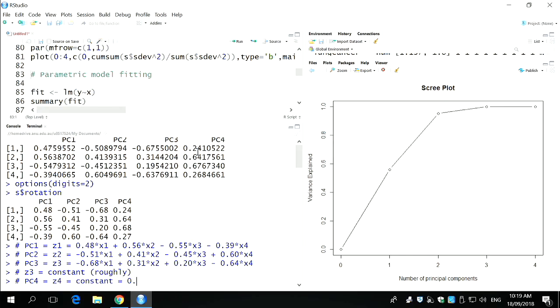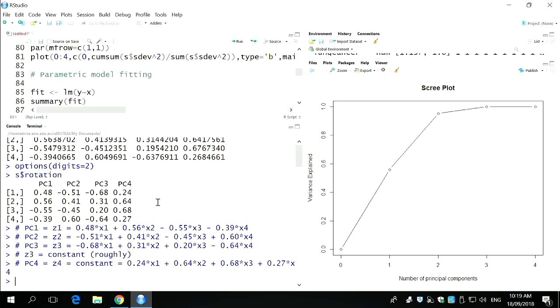And it is 0.24 times x1 plus 0.64 times x2 plus 0.68 times x3 plus 0.27 times x4. All right, and that's my fourth principal component.